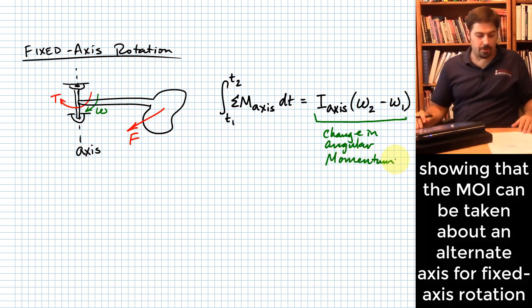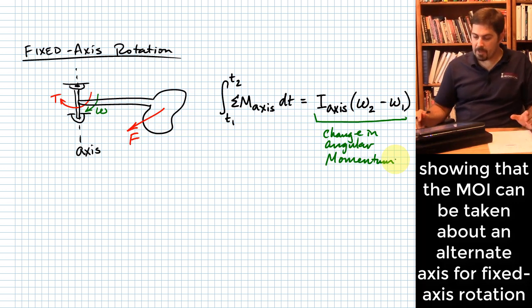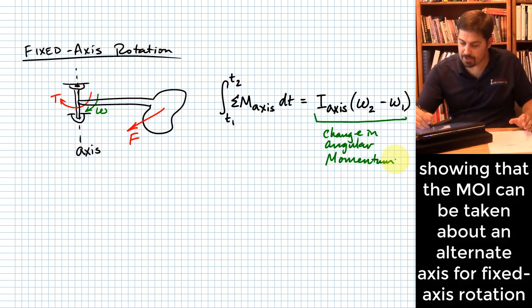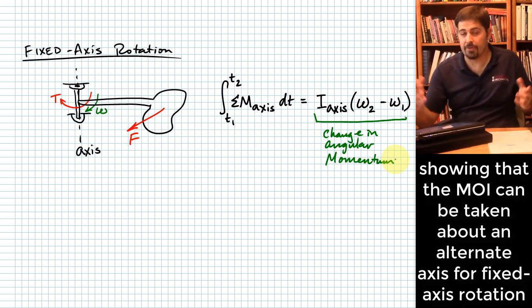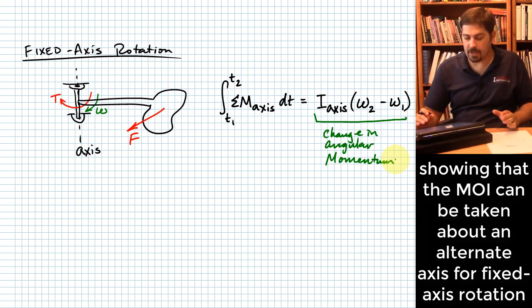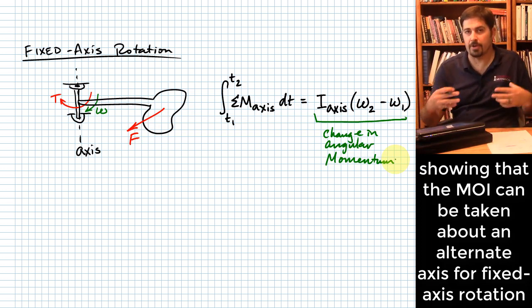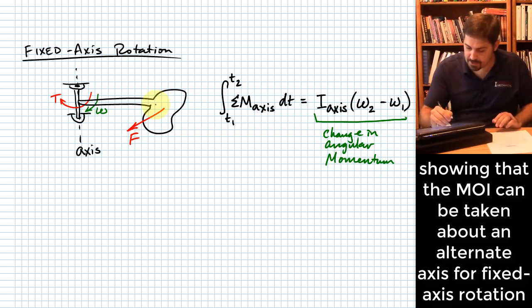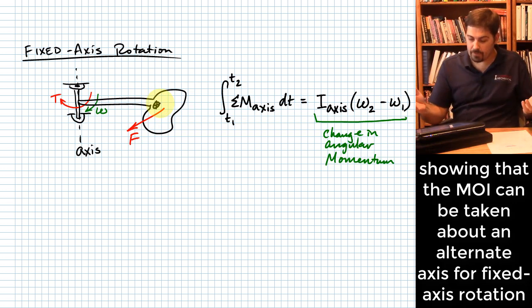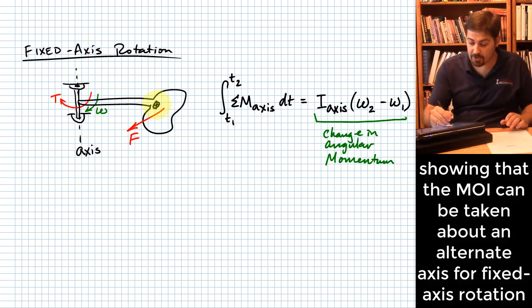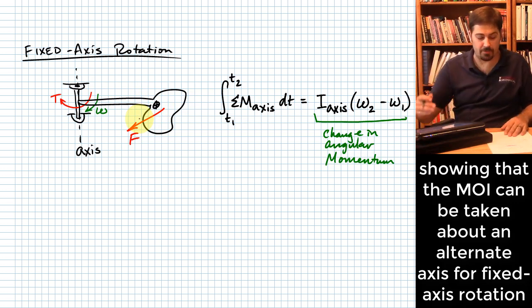Well, this is important because if you're very careful to take that moment of inertia around that axis, it saves you the effort of having to do things like cross products. Let's say the center of gravity of this thing might be around here, you would have to take into account the linear velocity of that center of gravity, and that would be included in the expression that we gave just a second ago for angular momentum.